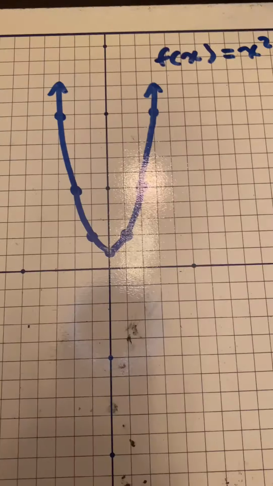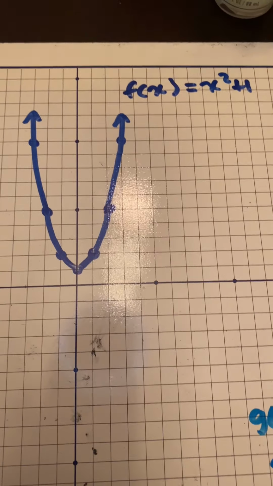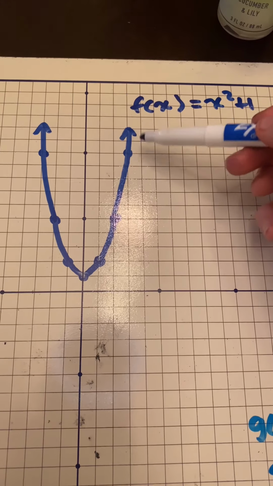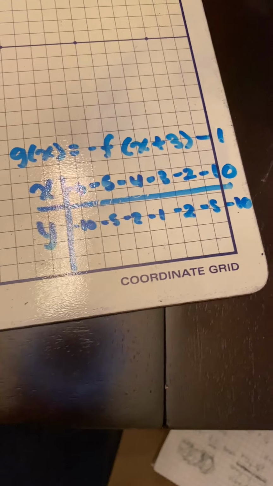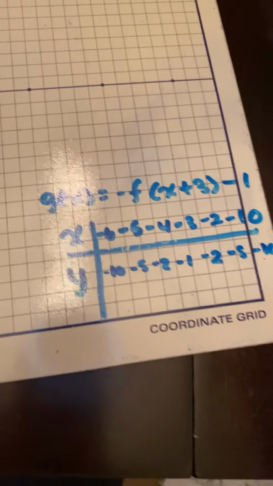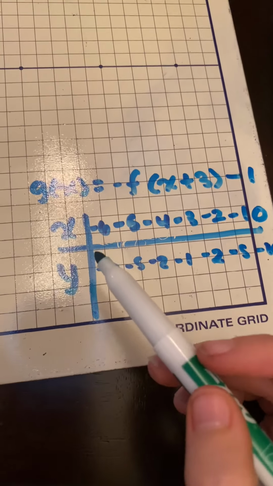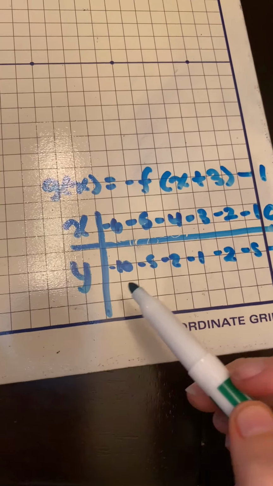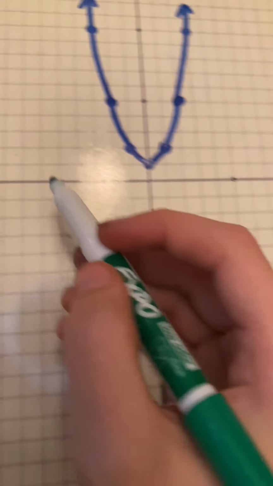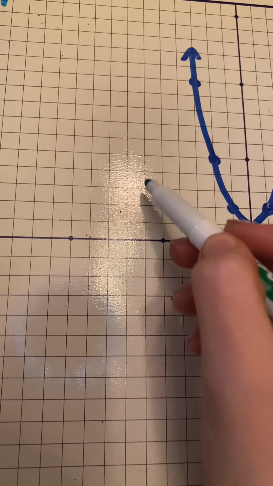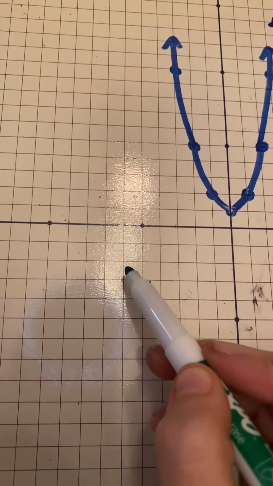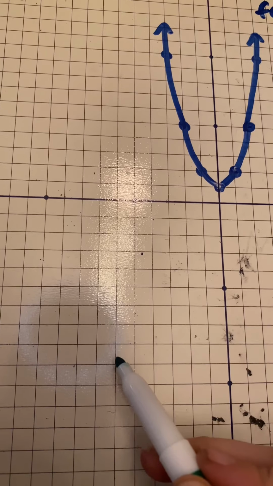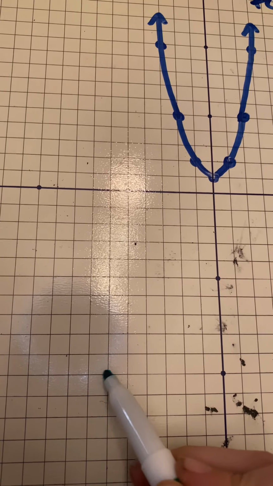Okay, so I made the graph a little better. You know it's continuous, so we put the arrows. Then let's graph the g of x function. When x is -6, your y is -10. So you go back to the graph, -6 to -10, go down, down, down, down, here.